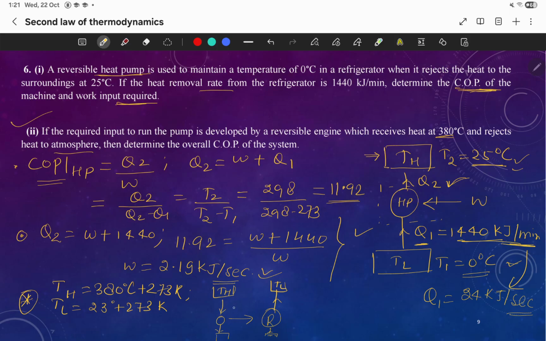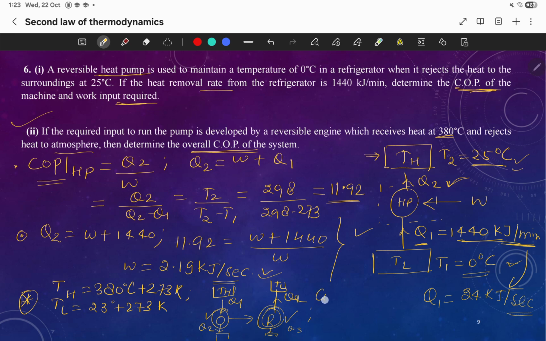This is similar: just write the energy balance for this, write the efficiency for this, write the COP for this, and you can calculate all the values. This is asking for the overall COP of the system, right? If I take these as Q1, Q2, Q3, Q4, I think you can do all the calculation and calculate the COP of the system.